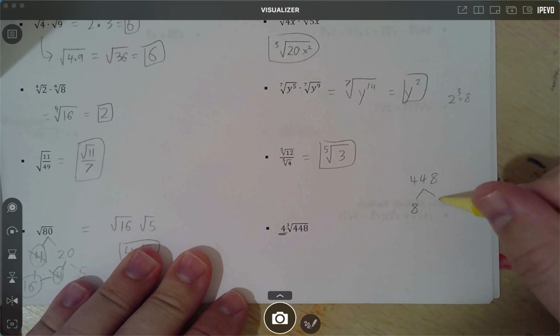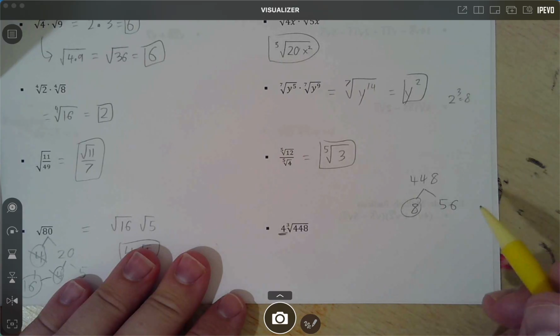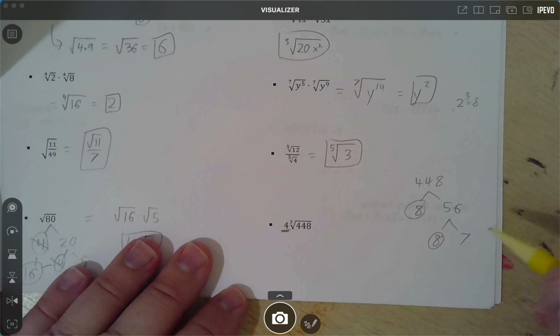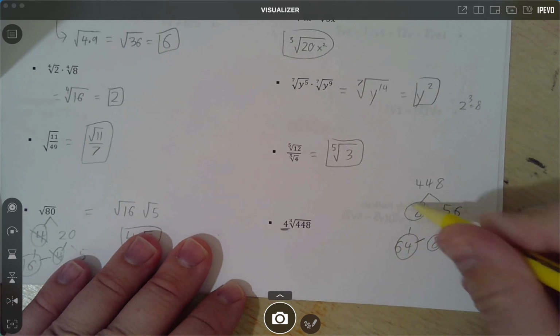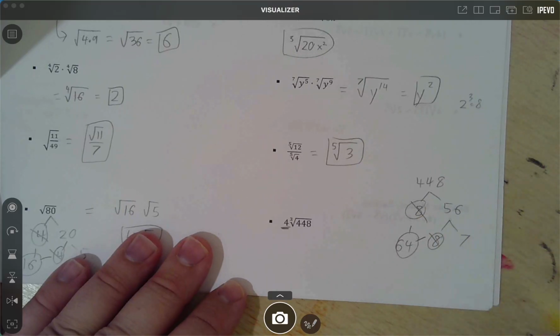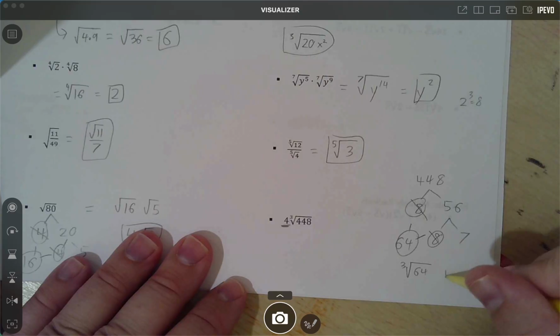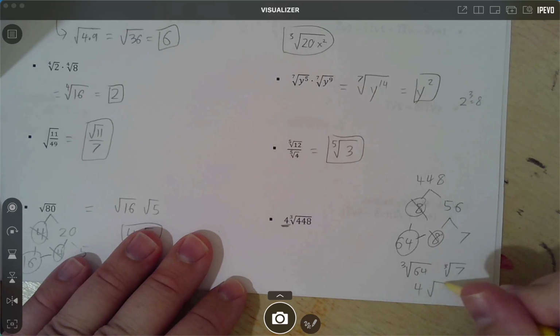So never mind, forget my although. So I found an 8 that is a perfect cube. Then, guess what? 56 has another 8 and 7's left over. So it turns out the best way to write this is 64 times 7. Remultiply those two together: cube root of 64, cube root 7. Careful that you're cube rooting 64, which results in 4. And then cube root 7.